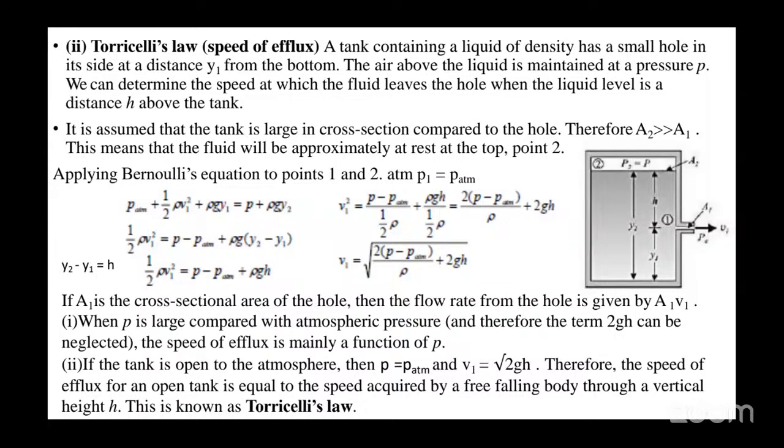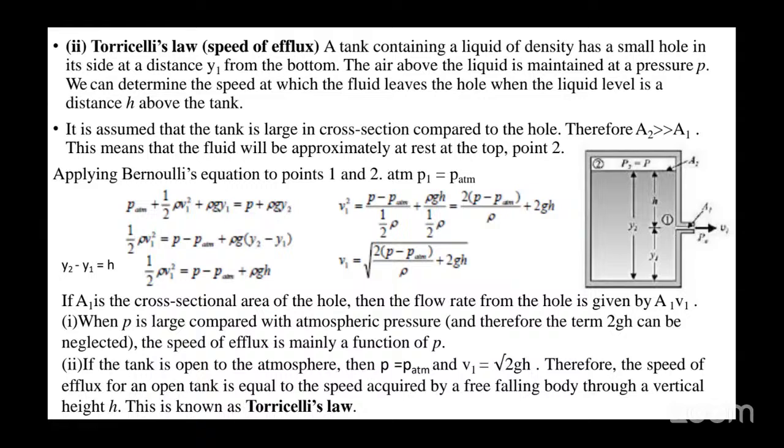So in that case, how do we find the speed at which the water is flowing out of that small hole? That brings us to Torricelli's law, also considered the speed of efflux, which gave us insight into what is actually happening in a system like that.